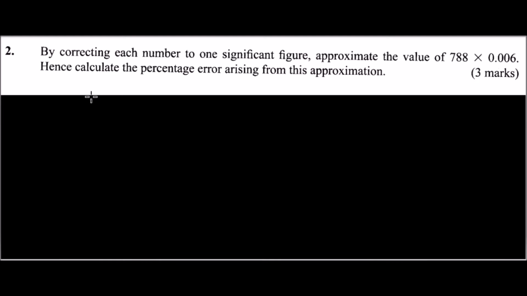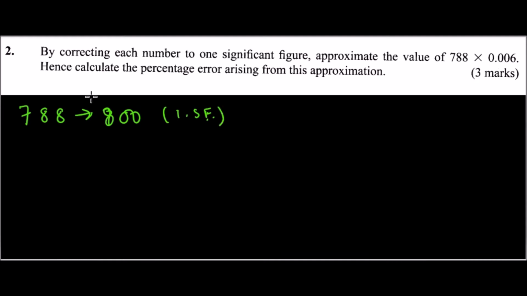When we are writing a number to one significant figure, we consider the first digit. So we have 788 to one digit. This will give you 800, because we take 7, the next number is more than 5, so we add 1, you get 800, and that is to one significant figure.